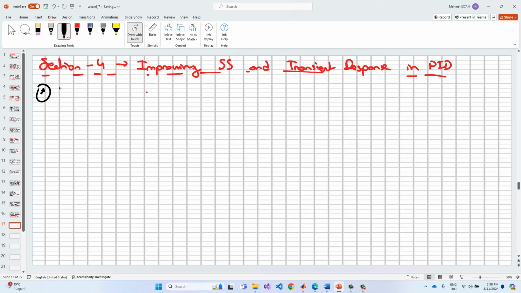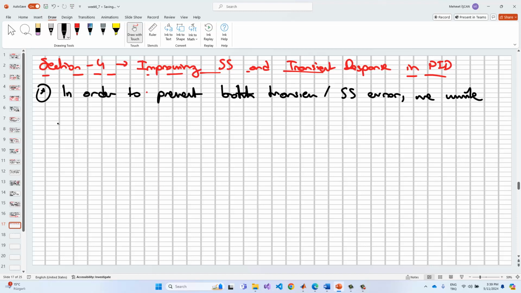Because either the PD or PI decreases the performance of the output signals, okay? So in order to prevent this, in order to prevent both transient or SS error, we write or build what?